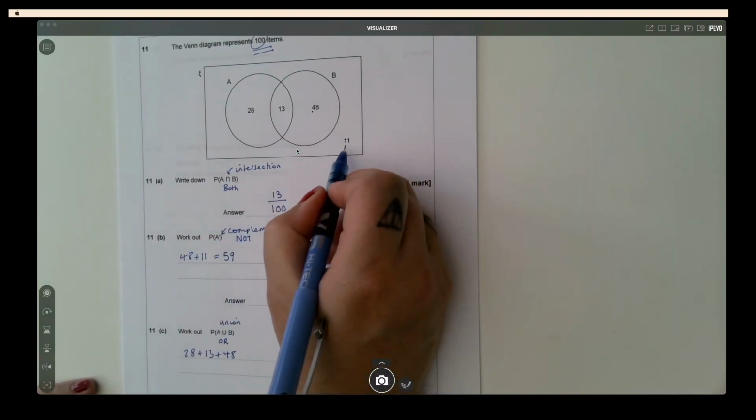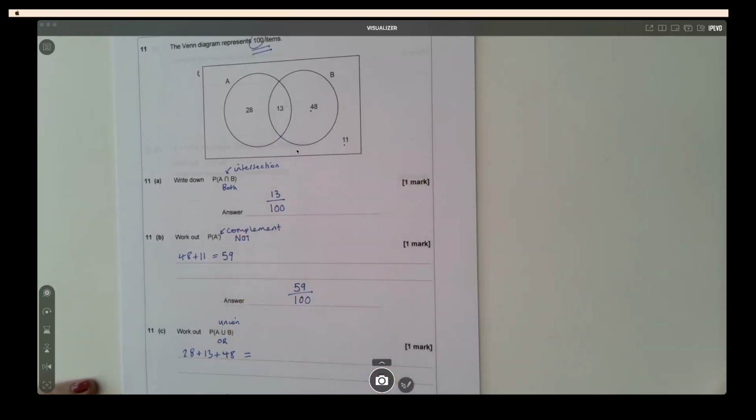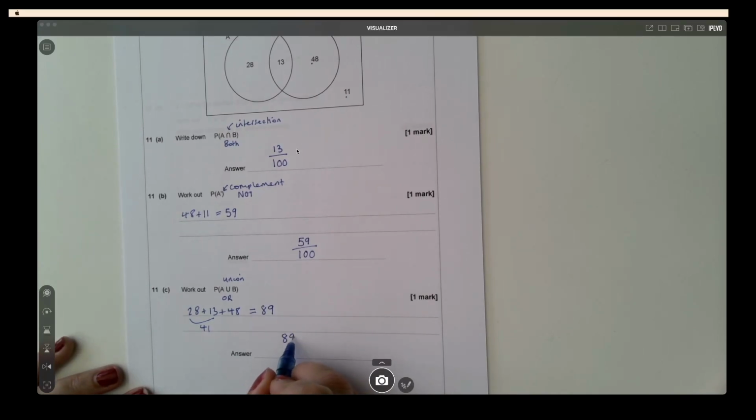We're not including that 11 because it's not inside any of those circles. When we add those together, 28 plus 13 is 41, and 41 plus 48 is 89. So we have 89 out of a total of 100.